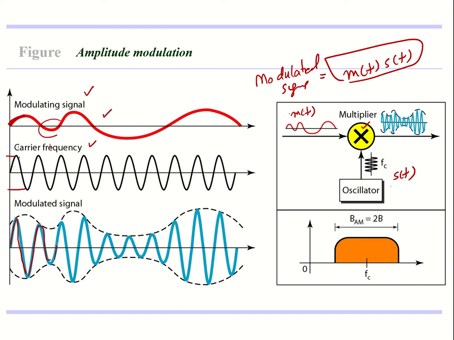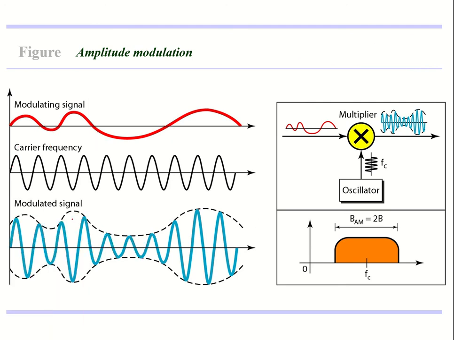Again we get a high value, then lower, lower, high, very low values. Basically the amplitude of the carrier changes with respect to the message signal. We get this after the multiplication, and this is the modulated signal.